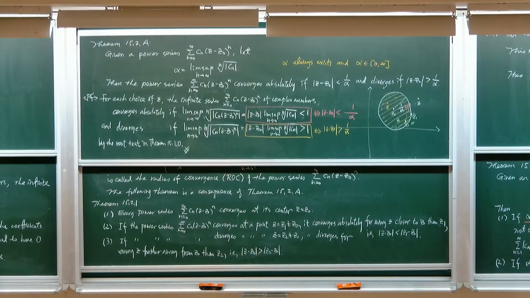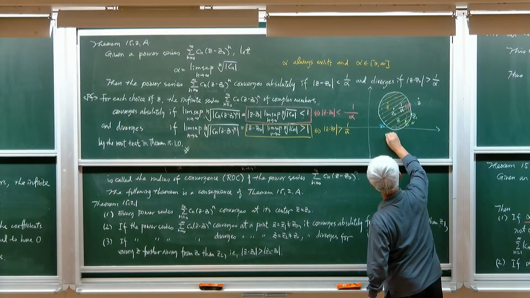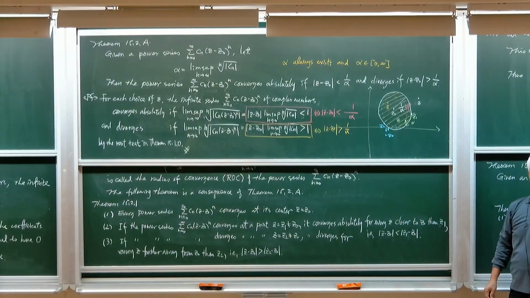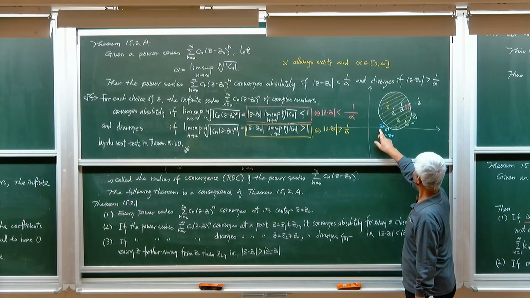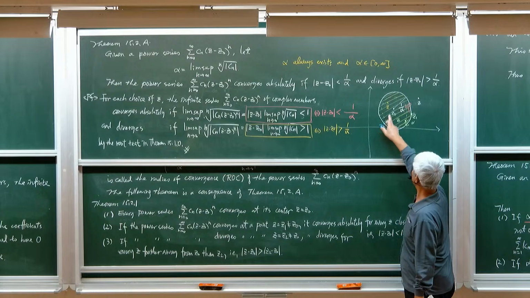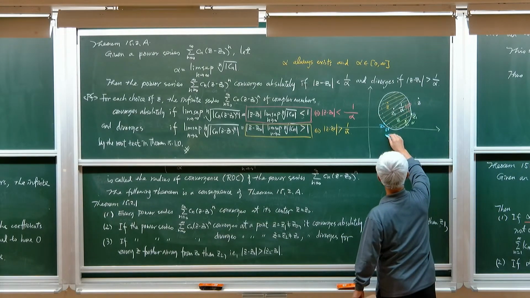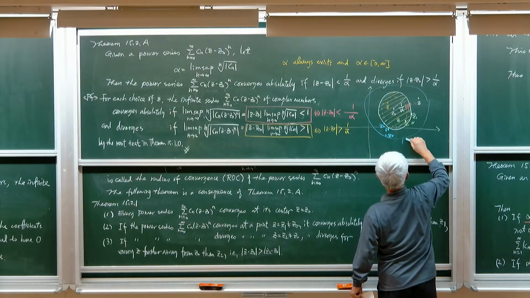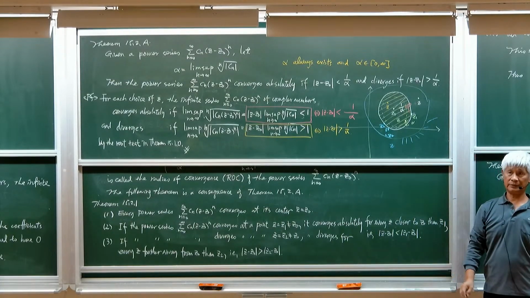So z2 can only be on the circle, or outside the circle. Any z further away from z0 than z2 is from z0, which means in here, all z here will diverge.